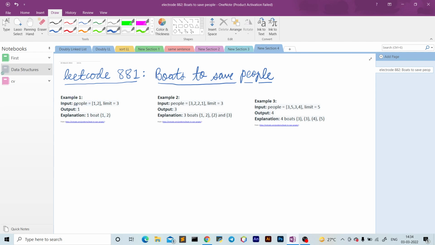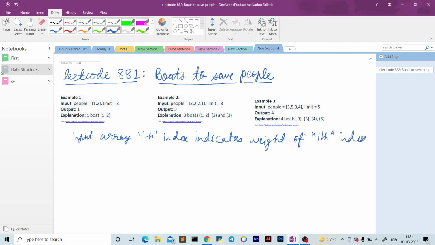So in this problem we are given an input array where each ith index indicates the weight of the ith person, and we are given a limit of the boat.